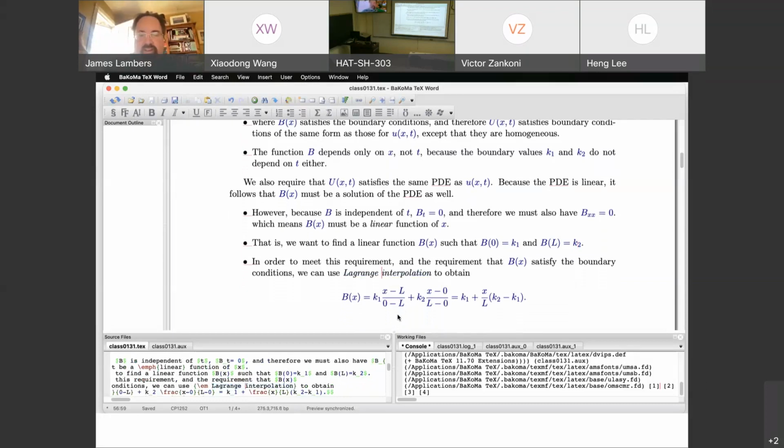So the idea here is, I want my linear function to equal k1 when x equals 0 and k2 when x equals L. So what I do is I multiply these values I have, k1 and k2, by linear functions that have certain properties. Now, what are those properties?